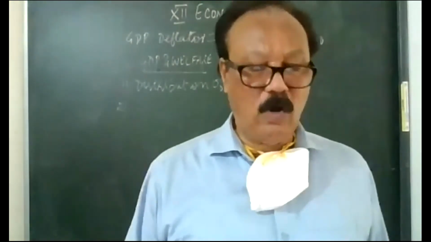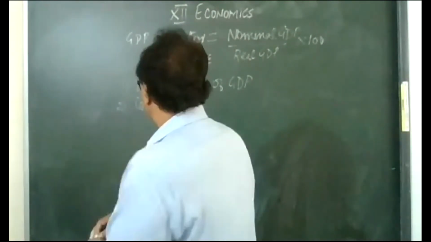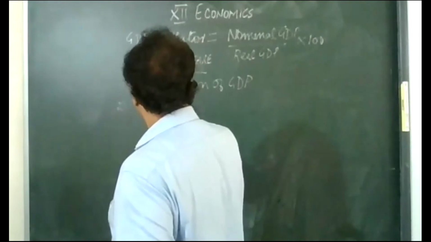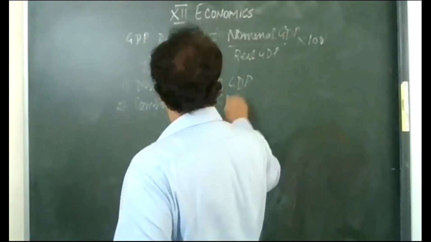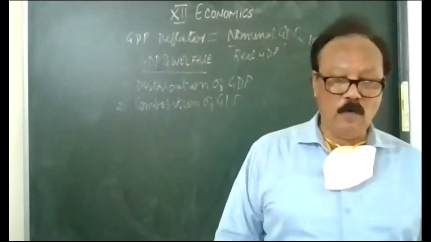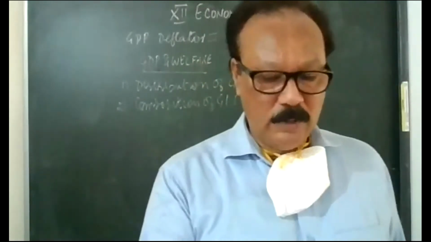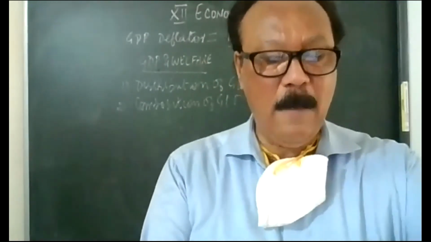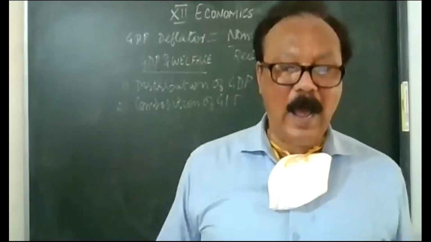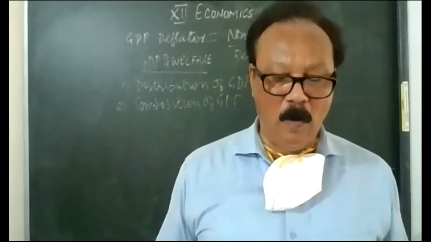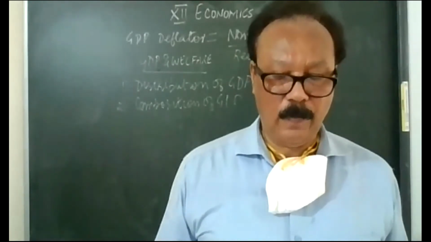Number two is composition of GDP. What do you mean by composition? What is it made up of? Suppose in a particular year, more war goods like guns, explosives, bombs, etc. are produced.